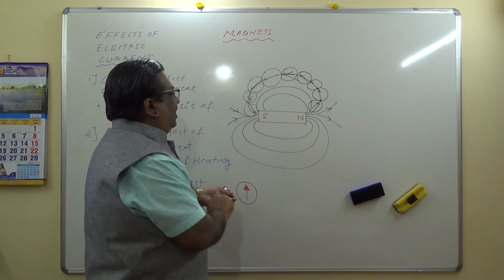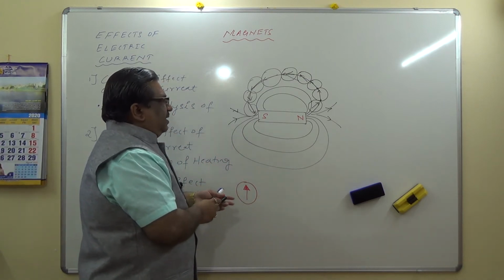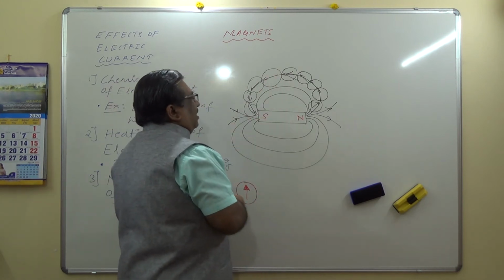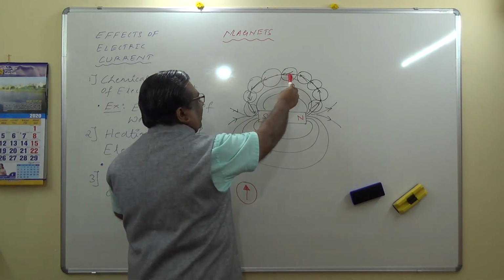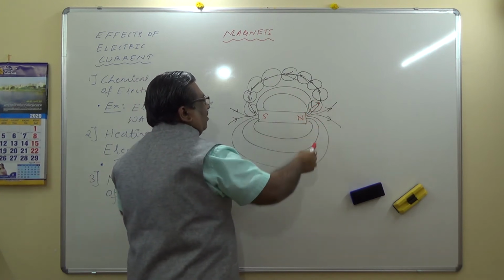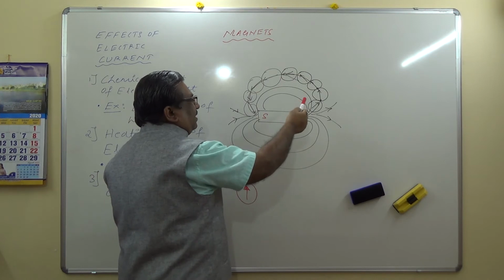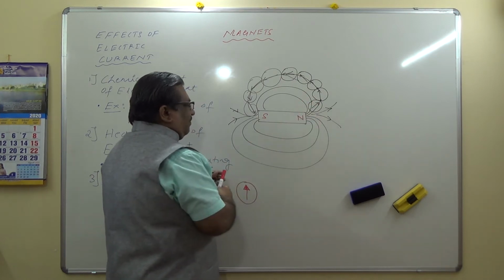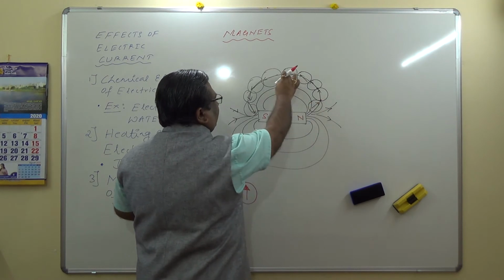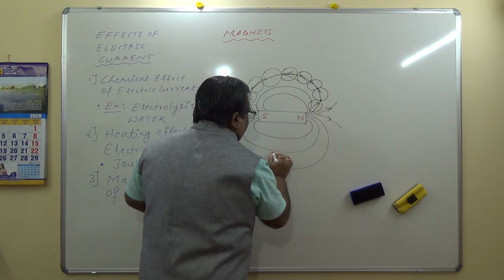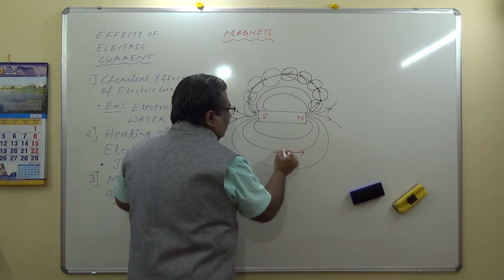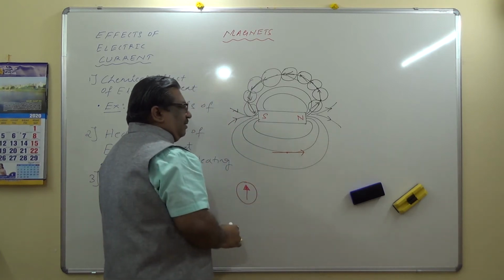So in a bar magnet, what is important to understand is, what is the direction of the magnetic field line? The direction of the magnetic field line is the direction of the pointer of the compass, and generally the direction of the field line is tangent to the curve at a particular point.